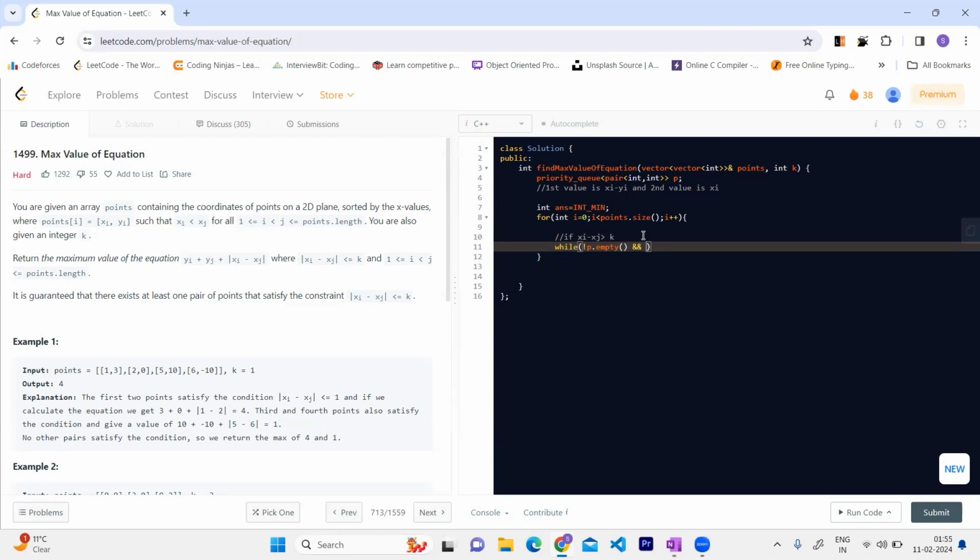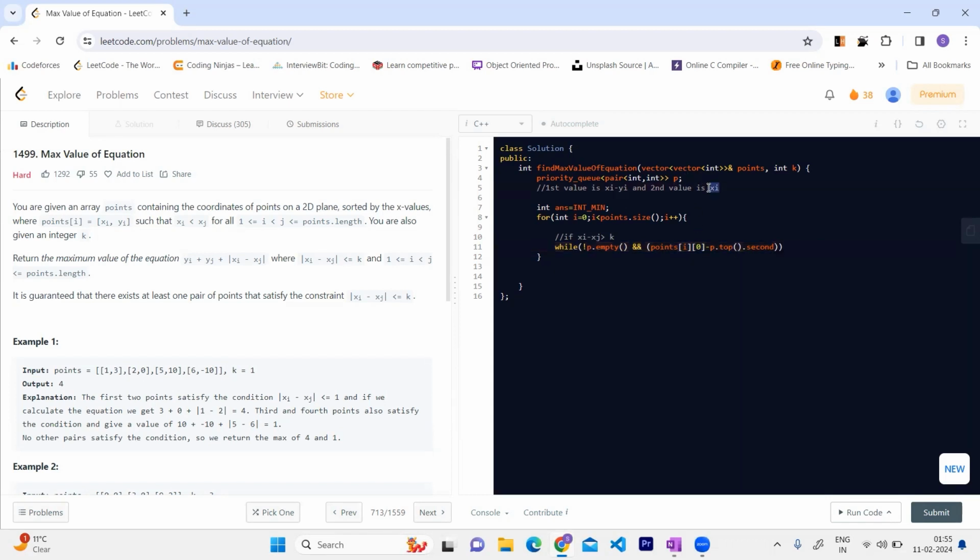And then points of i0, this is the xi value, right? And when you talk about the j value, this will be from the p dot top dot second. Why is this second over there, right? P dot top dot second, right? This is the xi value over there.